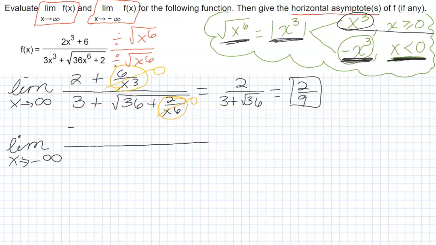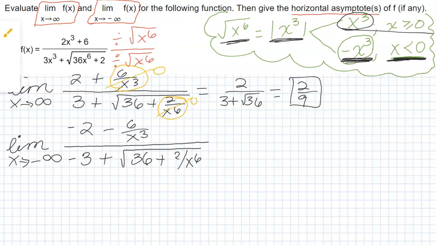So 2x to the third divided by negative x to the third is going to be negative 2 minus 6 over x to the third. And then this is going to be negative 3, because x to the third divided by negative x to the third is negative 3, plus square root of 36, which is still the same because it's inside, plus 2 divided by x to the 6.